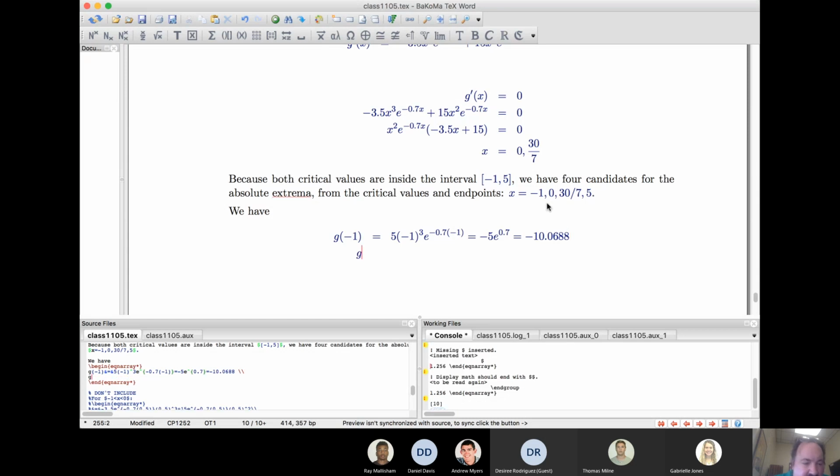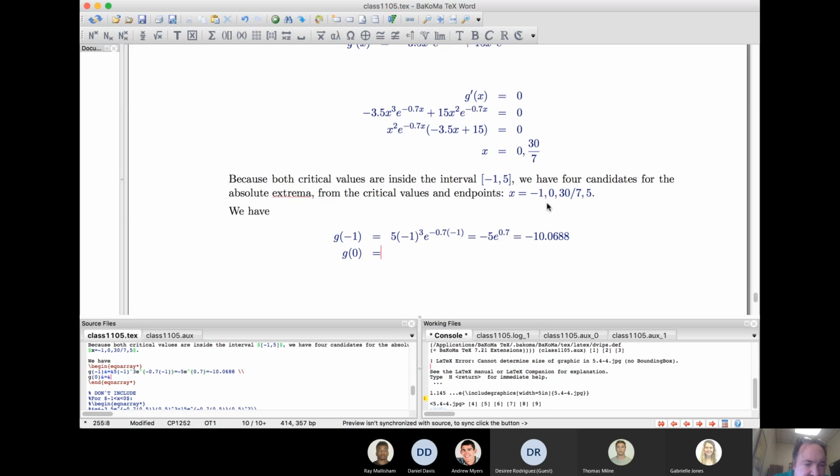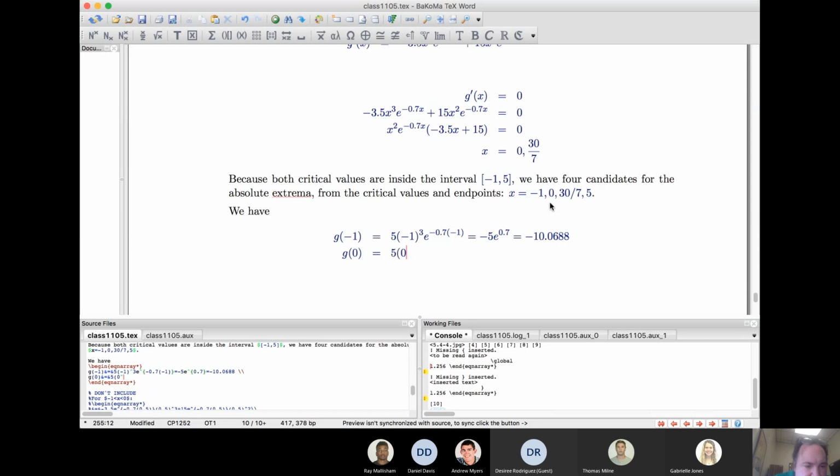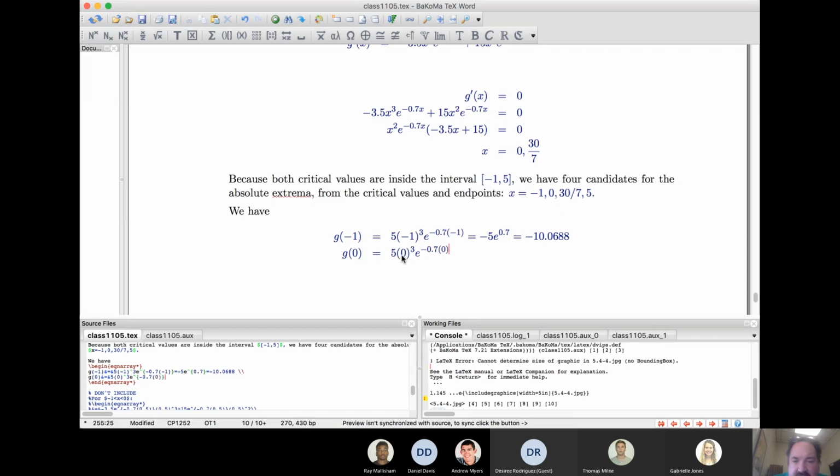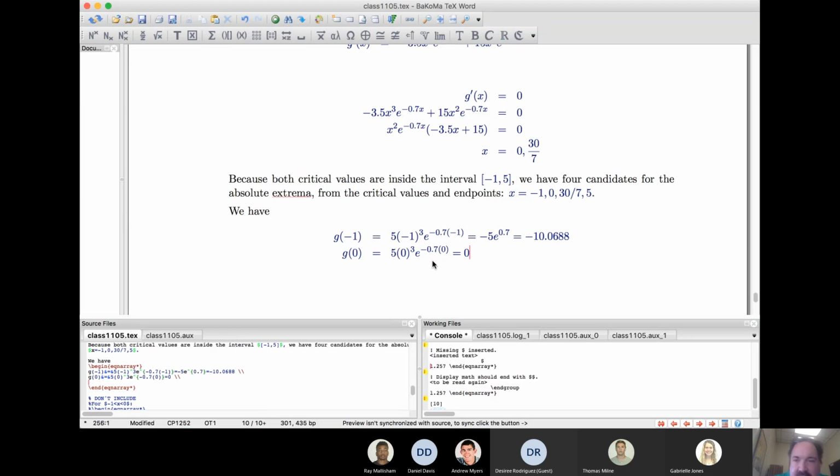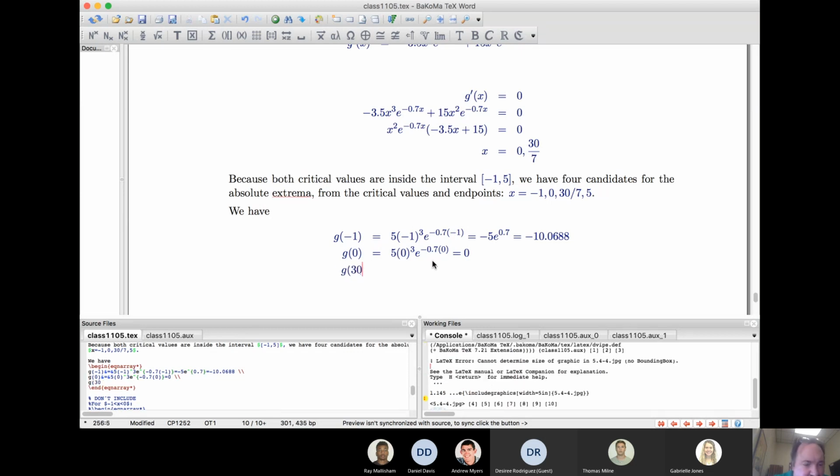All right, but we don't really know anything about this, as far as max and min, until we substitute in all of the values. So with 0 being the next point, well, from this 0 sitting out here, we're going to get 0. And then we have g of 30 over 7.